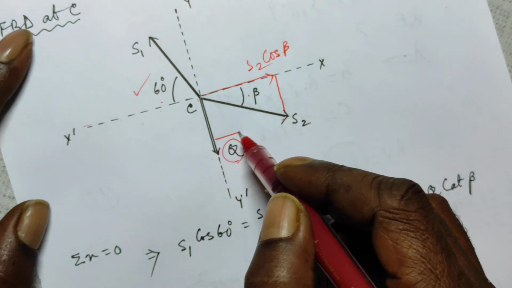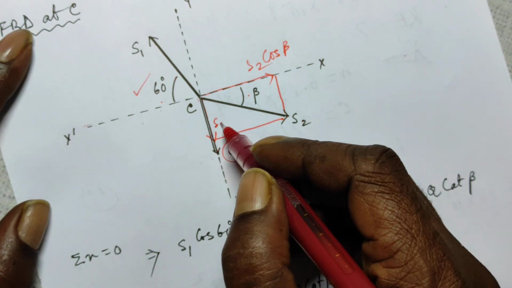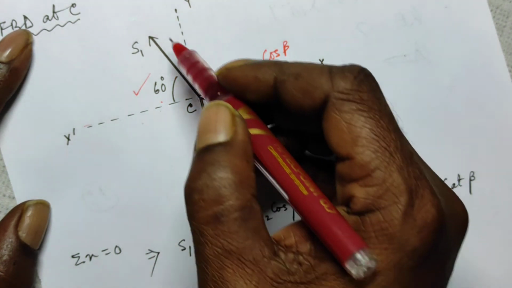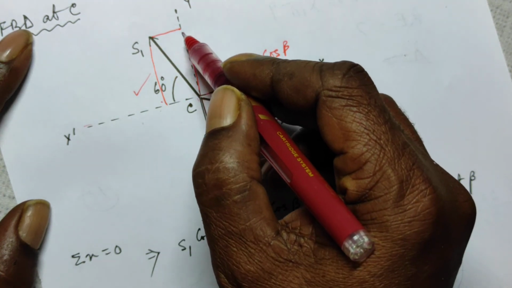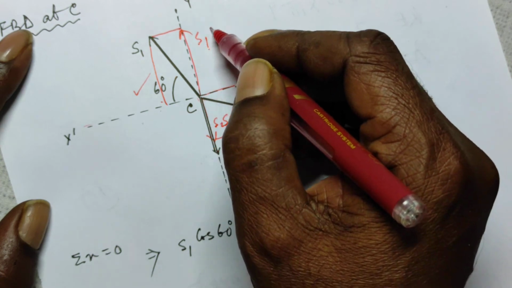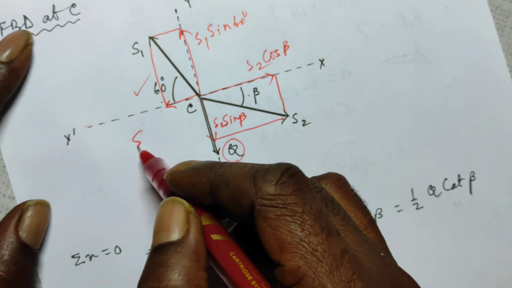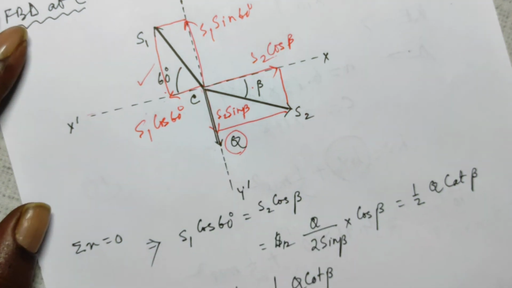If you drop a perpendicular from this point to this point, it will be your S2 sin beta. Similarly, drop a perpendicular here. This one will be equal to your S1 sin 60, and this one will be equal to S1 cos of 60 degree.